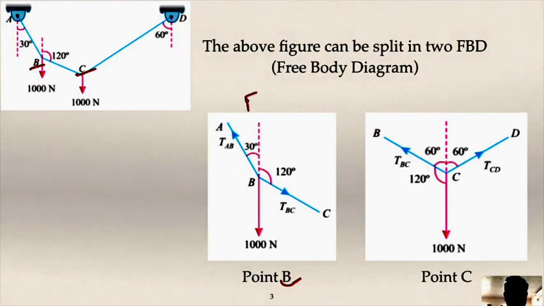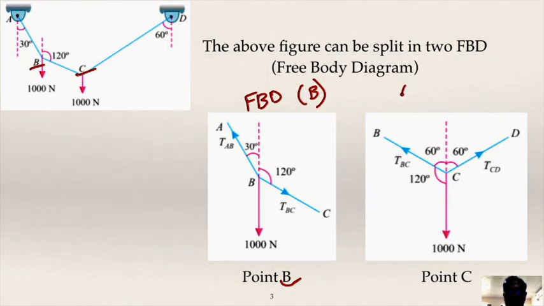So this is your free body diagram for the point B, and this becomes your free body diagram for the point C. Here one thing that you have to look at very carefully is the angle that has been created by the forces, the vertical or horizontal, and then you have to do it accordingly, right?